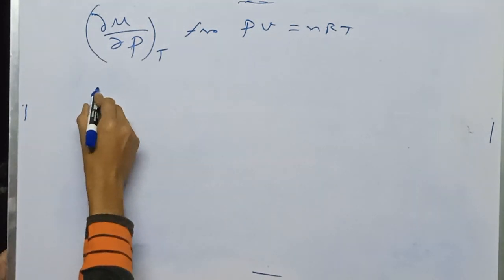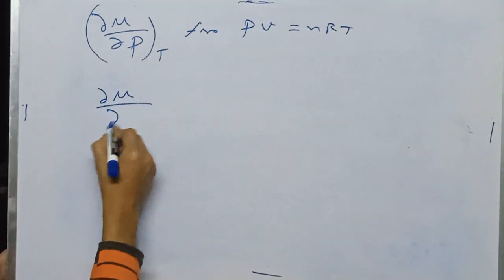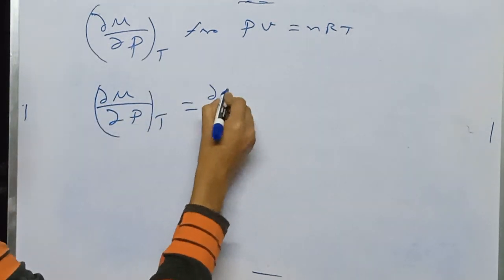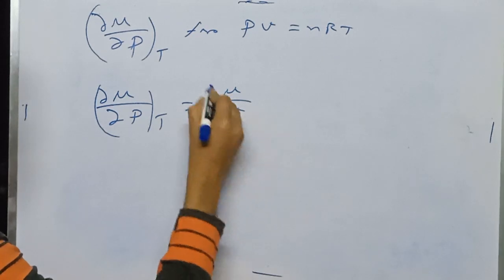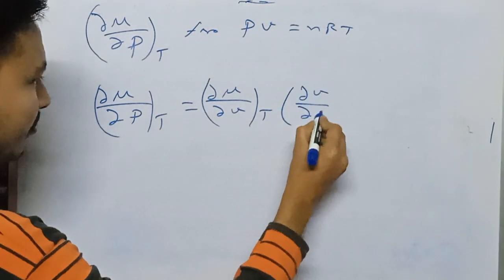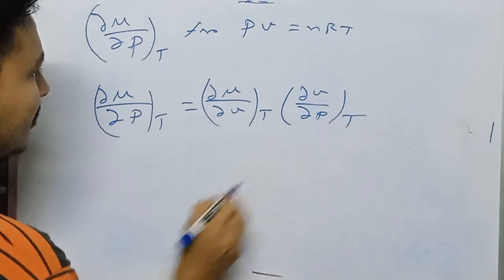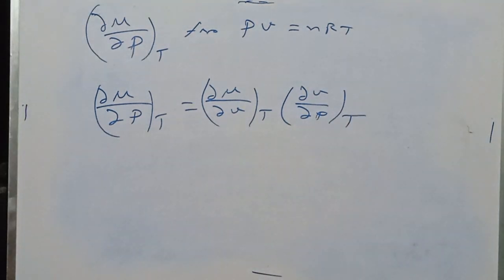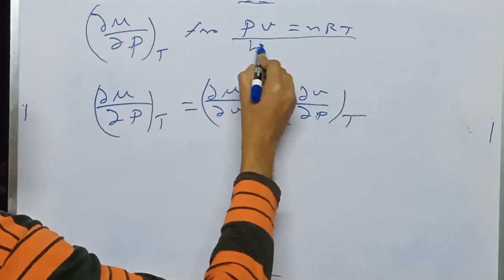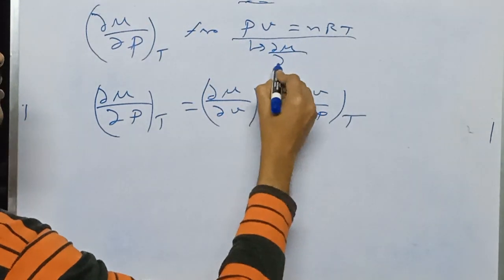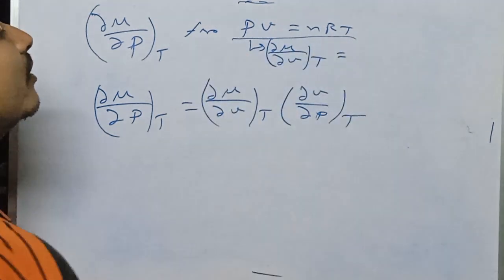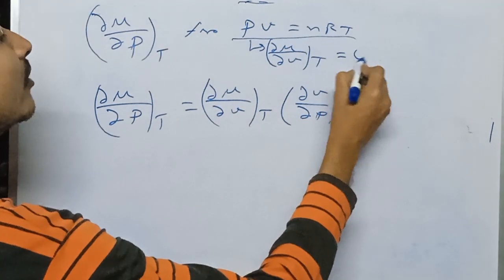To obtain this, just use ∂U/∂P at constant T is equal to ∂U/∂V at constant T into ∂V/∂P at constant T. Now for this gas equation ∂U/∂V at constant T is equal to 0, we have obtained this in previous videos.